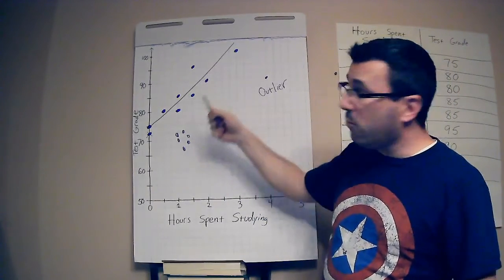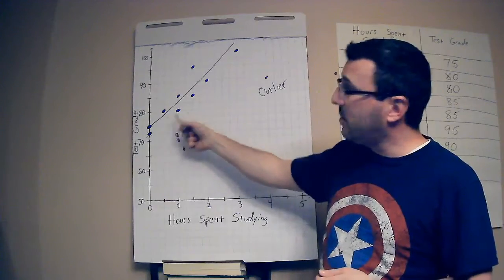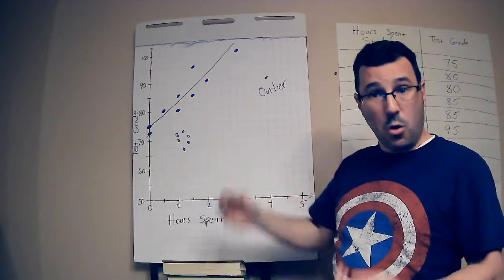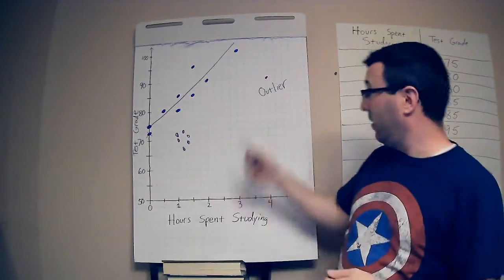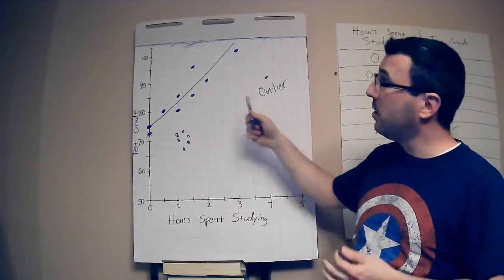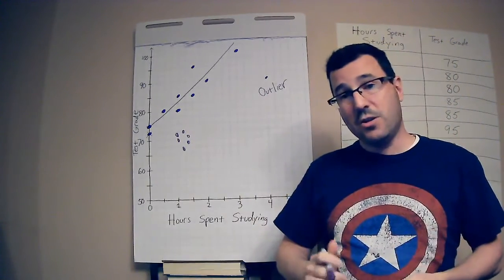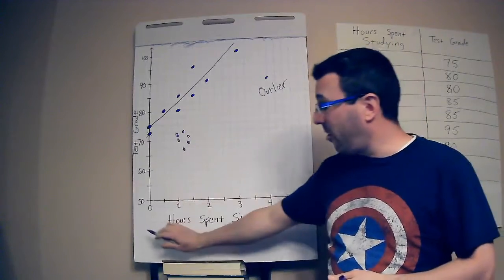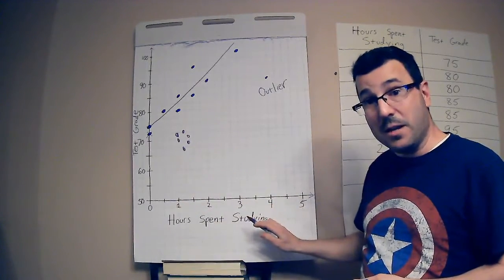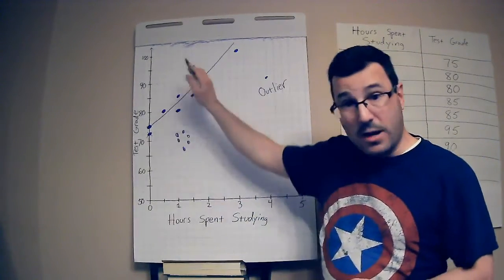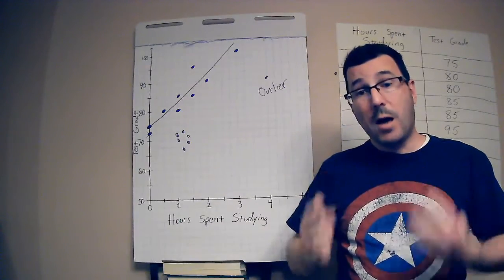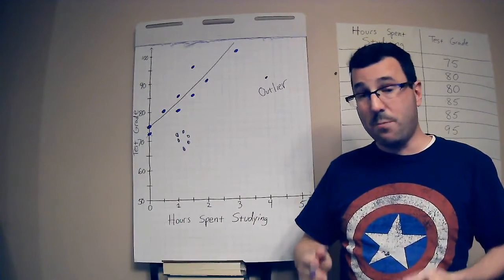But what we do notice is that as a student studies longer, they do better, obviously with the exception of this one. So there's a correlation. And since as the number of hours spent studying increases, the test grade increases, we call that a positive relationship, positive correlation.